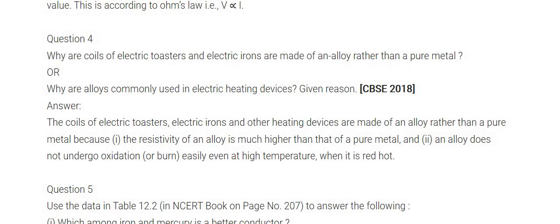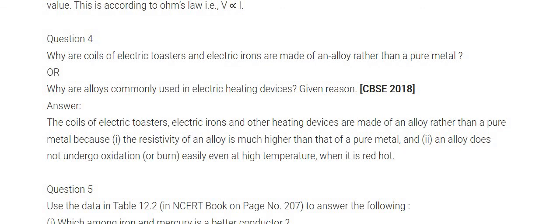The coils of electric toasters, electric irons and other heating devices are made of an alloy rather than a pure metal, because the resistivity of an alloy is much higher than that of a pure metal.